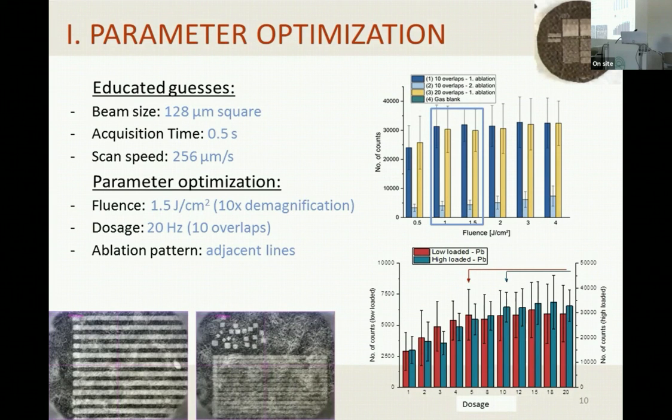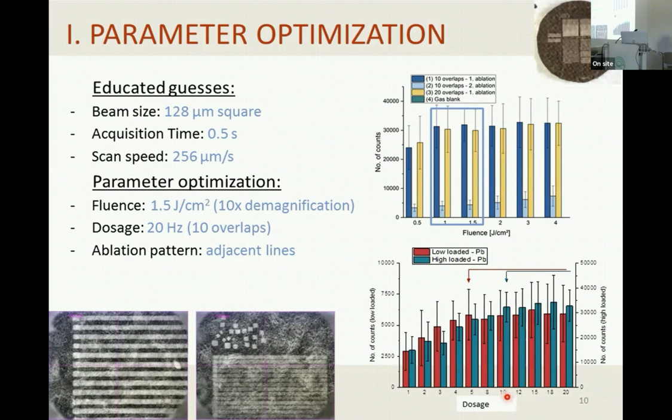And the next thing was the optimization of the dosage, and this parameter is how many times the laser fires or ablates on the same area, on the same spot. And we can see here that with small dosages, 1 to 3, not all the particles are ablated, and from dosage 10 and above, the signal reaches a plateau.